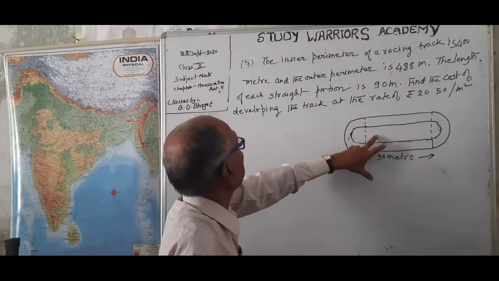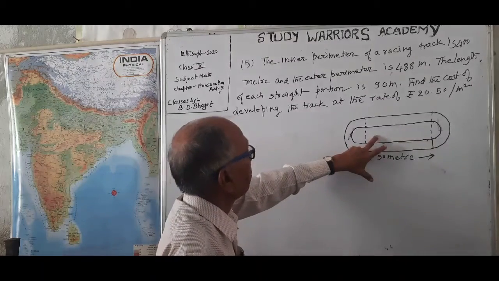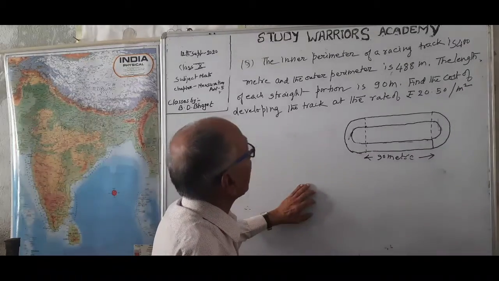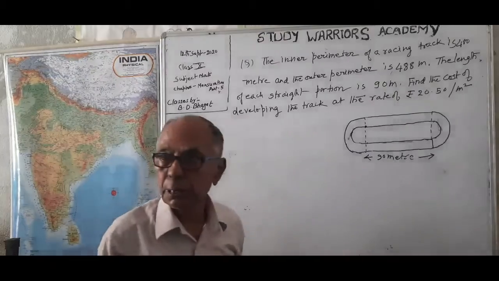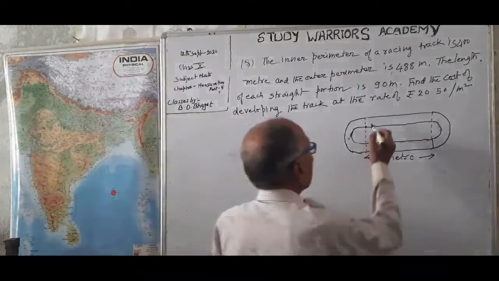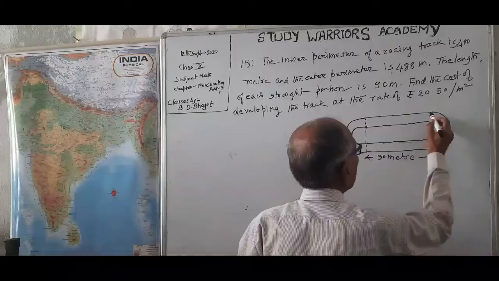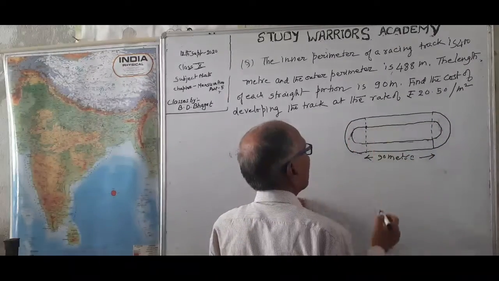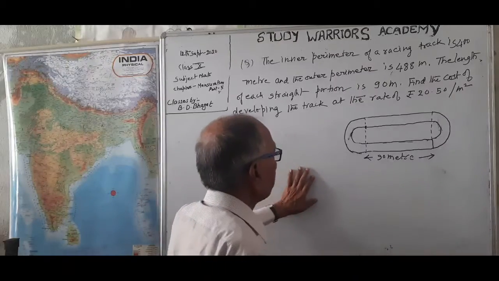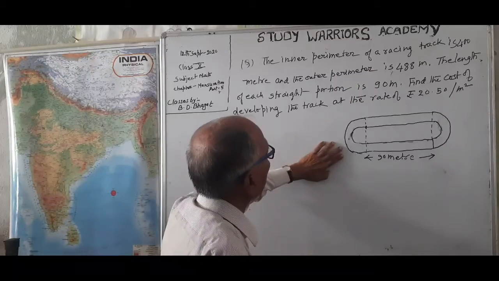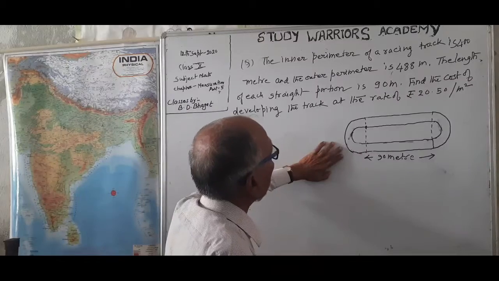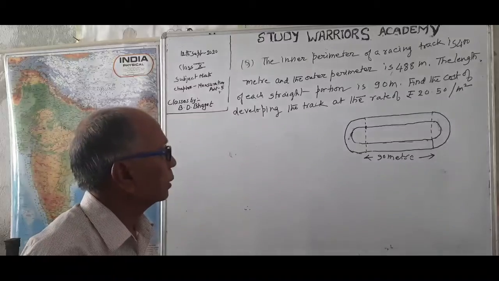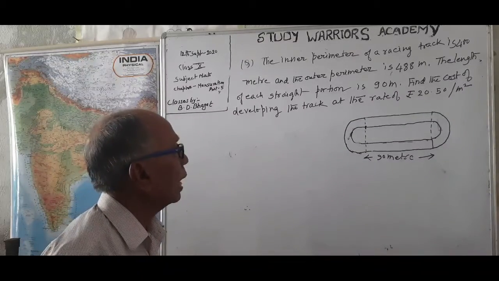So the inner perimeter of the track is 400 meters, and the outer perimeter, the outer portion, this line, this length of the whole line, including straight portion and curved portion, is 488 meter. So inner perimeter and outer perimeter are given.